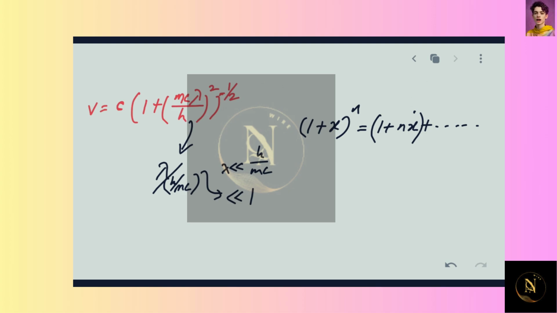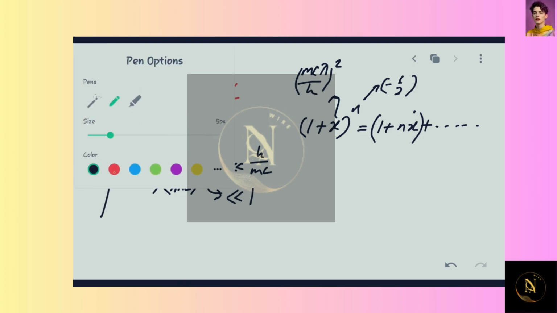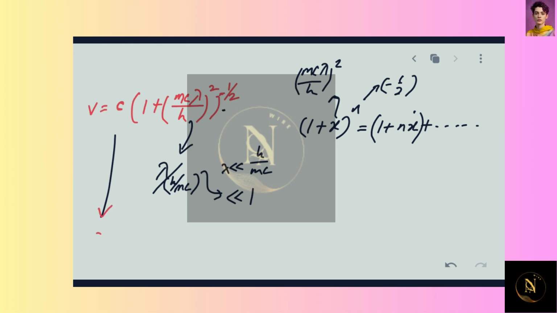If we do the binomial expansion for this, our x is mc lambda over h, squared, and our n is negative half. By binomial expansion, we should get c times 1 plus mc lambda over h, squared, times negative half.